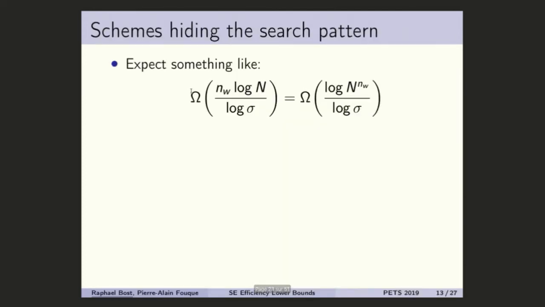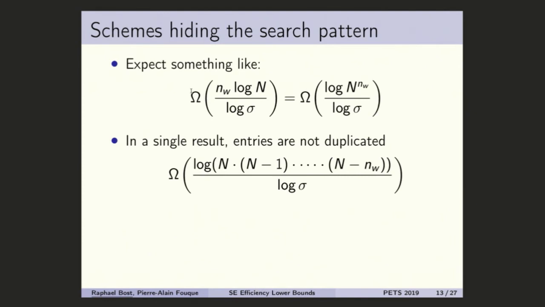So if we apply this lower bound, because we have to fetch n_w results every time you do a search query, we expect a lower bound of that size essentially. So n_w log n over log sigma. And this can be rewritten with the small n in exponents.